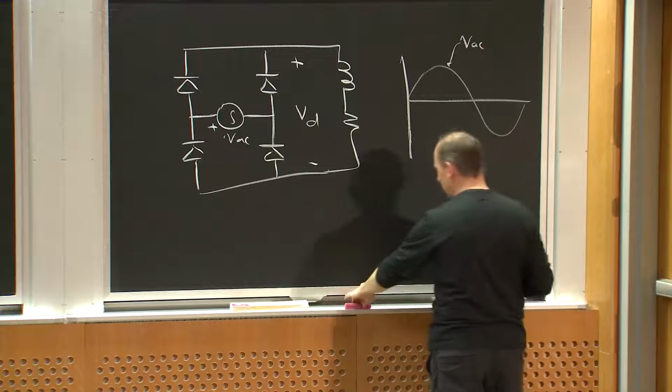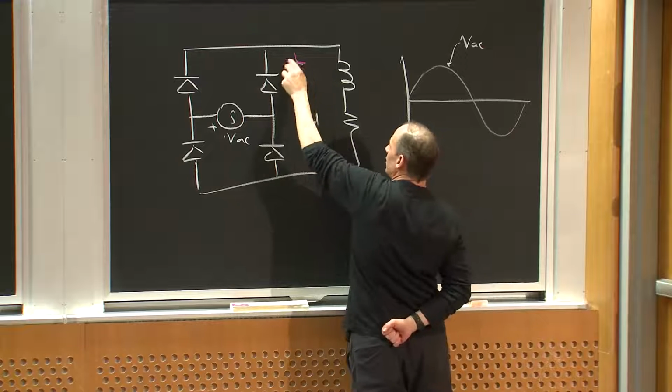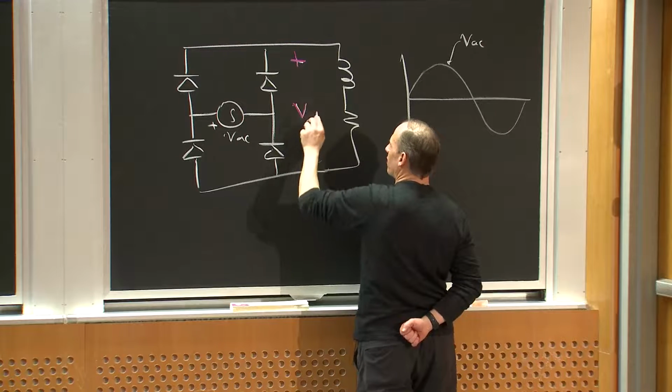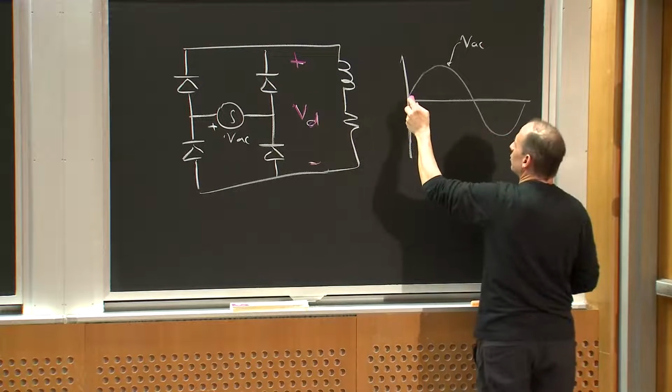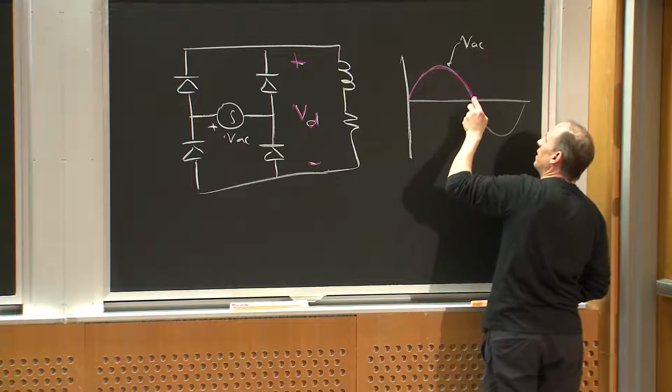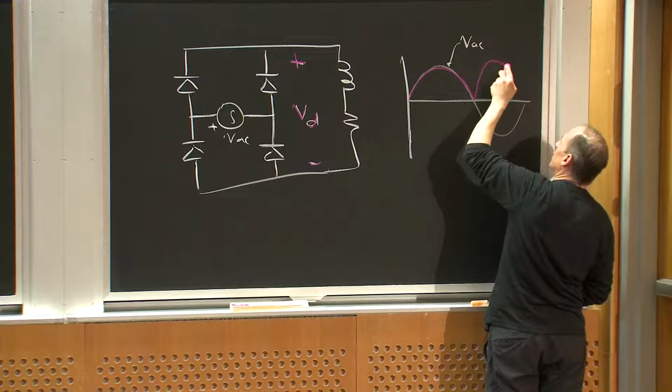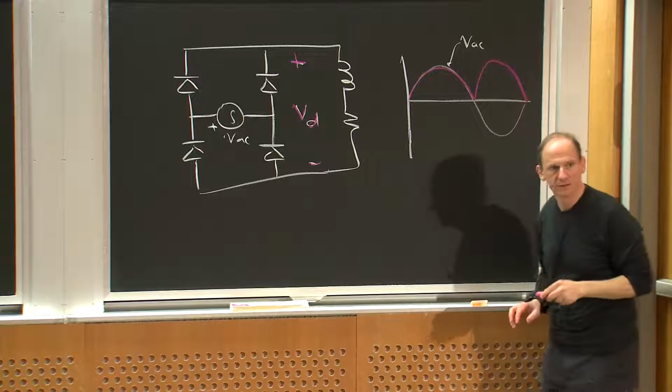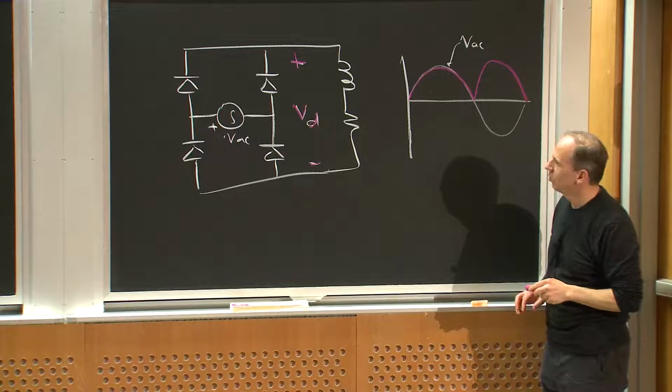What would VD look like in this circuit? VD would give me the full wave rectification of this, so VD would look like this bump, and then the negative of it, right?